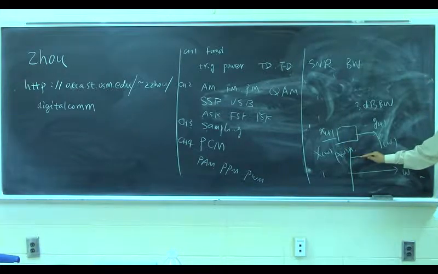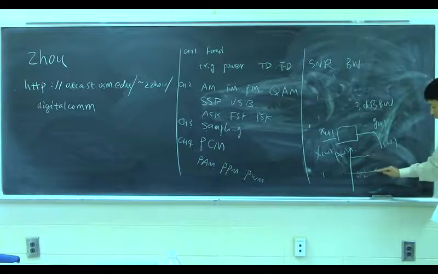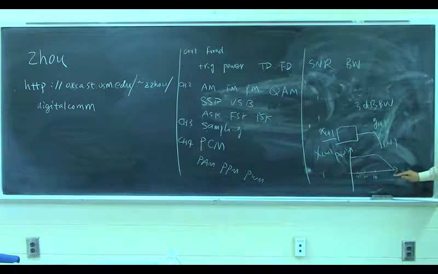Then 100, 1K, and so on, still equal at this point. Then we observe that with the increase of frequency, this gain will decrease. After some time, for example 1 meg, there's almost no output, so the gain will be equal to 0. So this is called the frequency response.